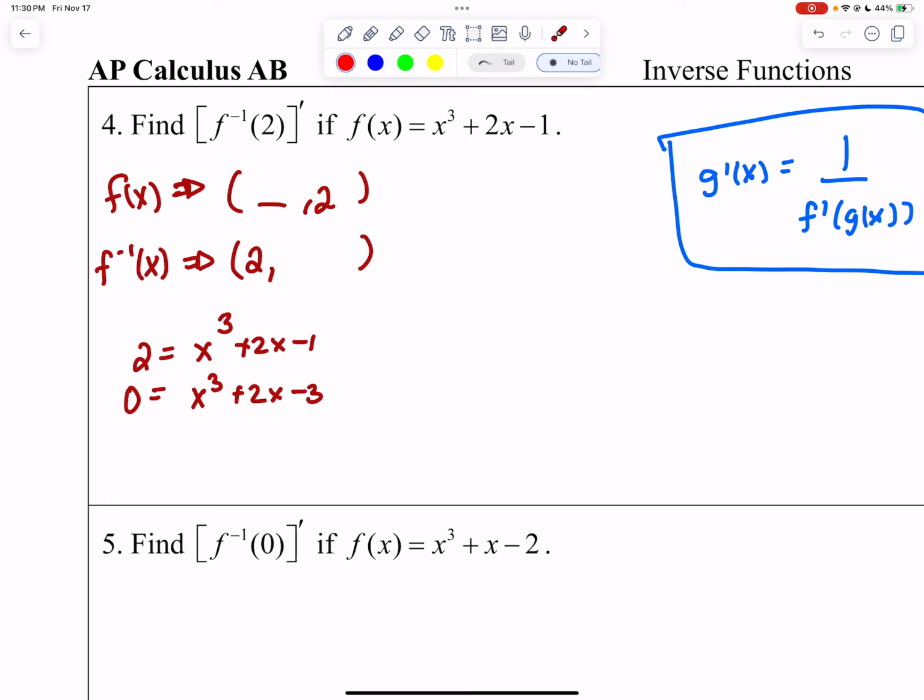In this case, your possible factors are either going to be 1 and 3 because of this right here. And if you were to look at this pretty closely, you can see that it's going to be 1 because 1 cubed plus 2 times 1 is going to be 3. 3 minus 3 is going to be 0. So that means that your x value is 1.